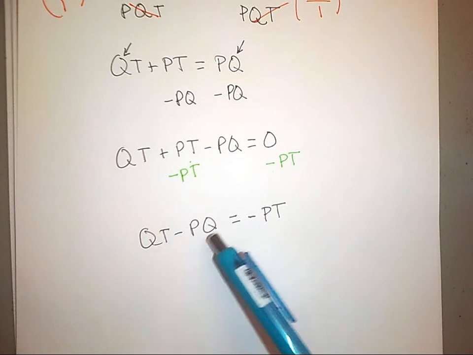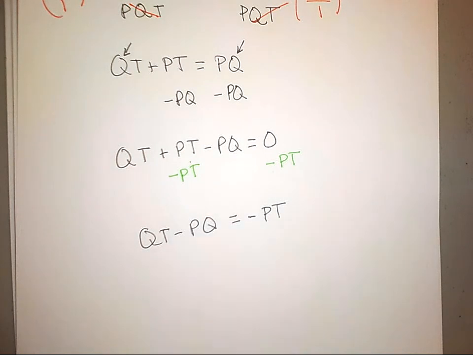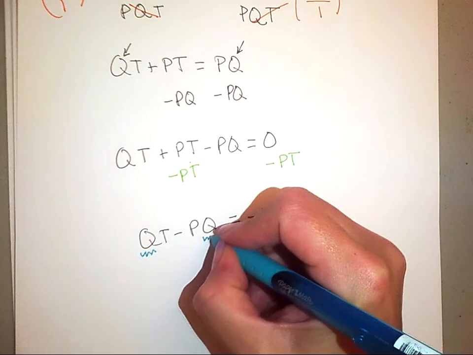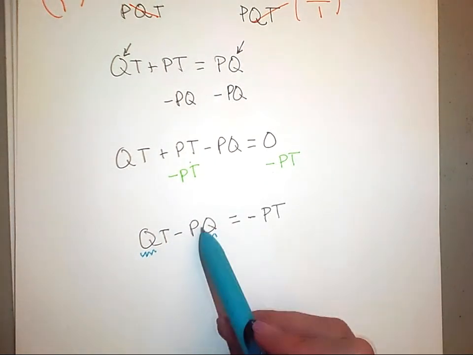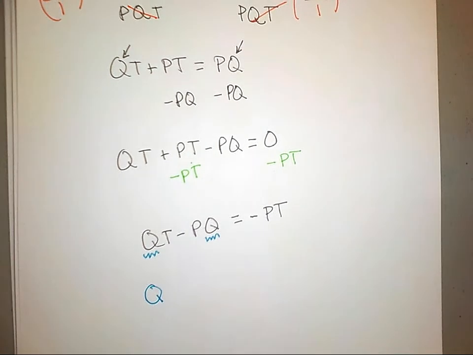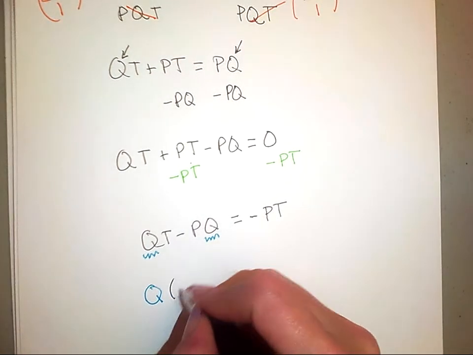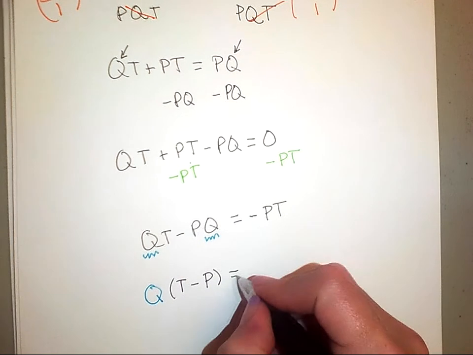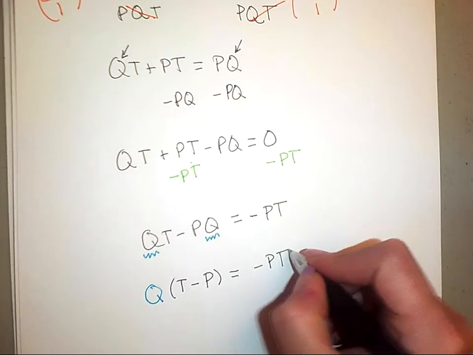Now we have two q's, and we need a single one. We want it to say q equals something. So what we have to notice is that I have two terms, and in these two terms, there's a common factor of a q. So if I factor that back out, then I'm just left with t minus p is equal to negative pt.